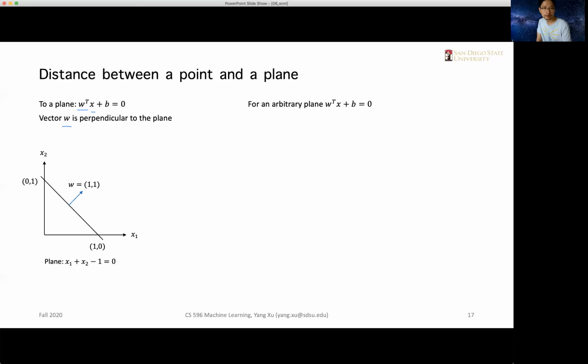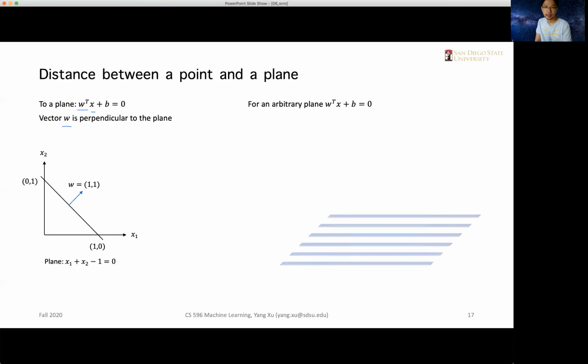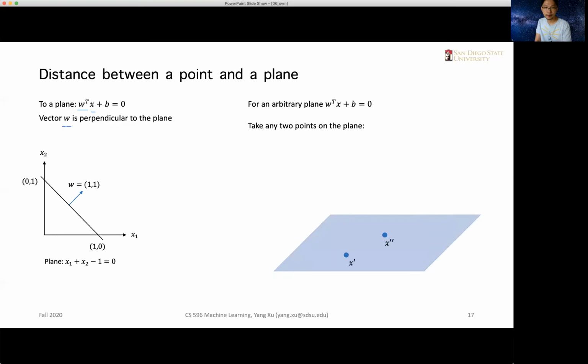Now we're going to prove that this is also true for a hyperplane, for a plane of arbitrary dimensions. Say we take any 2 points on the plane, x prime and x prime prime.